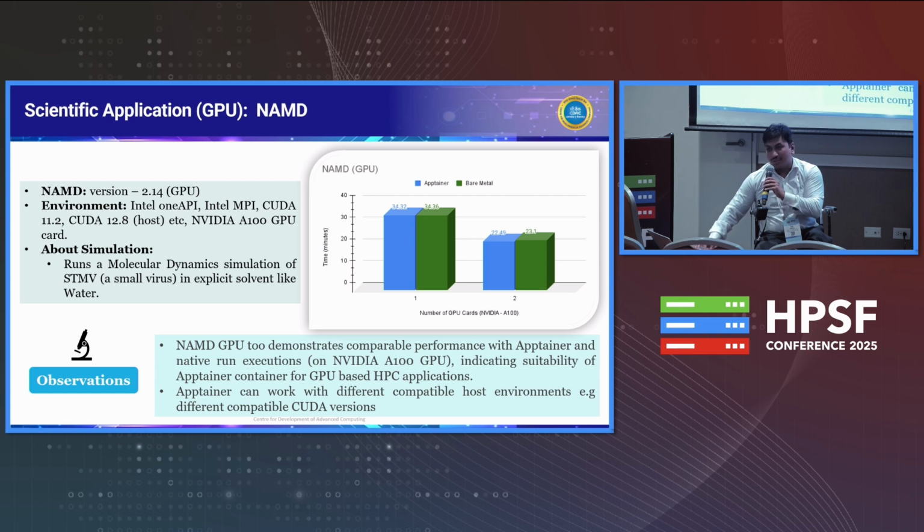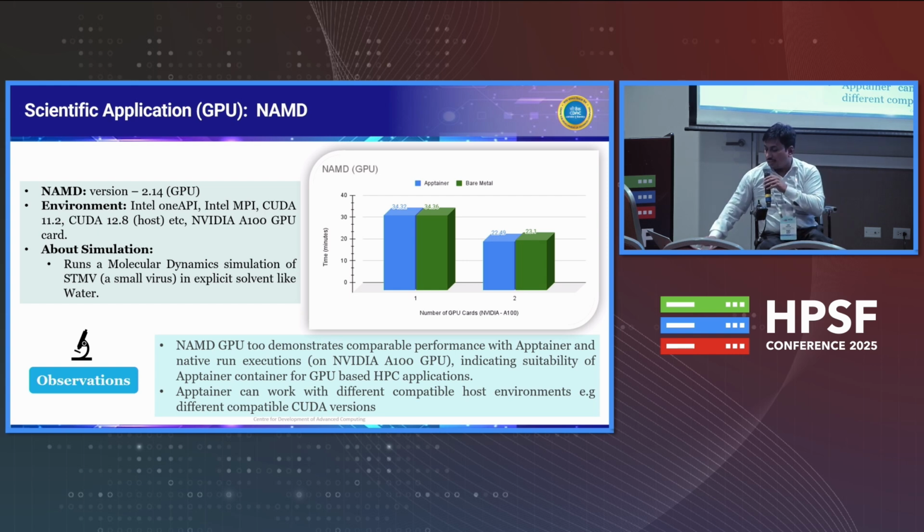So let's say the Apptainer image has been built for one version of either MPI or CUDA. If that version is compatible with the hardware, you just need some prerequisites, as I was mentioning. The only prerequisite is compatibility of the versions, especially the MPI compilers or the CUDA compilers, with respect to the host system.